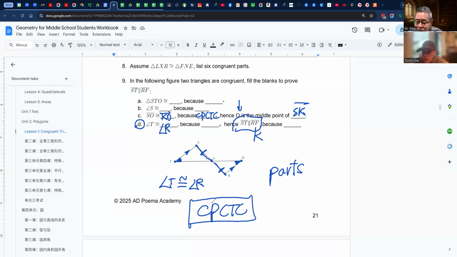Yep, alternate interior angles are congruent. Yep, because of that. Very good.